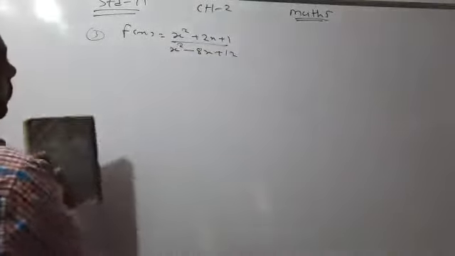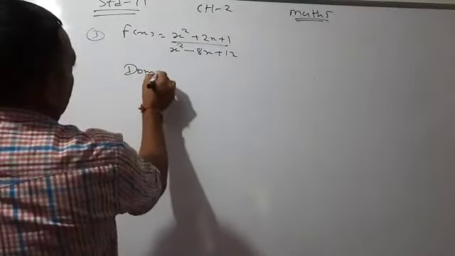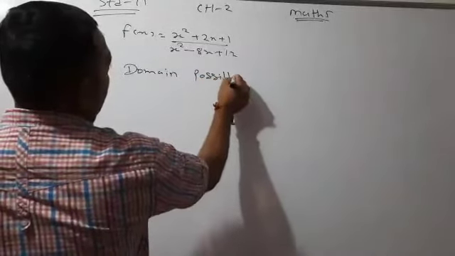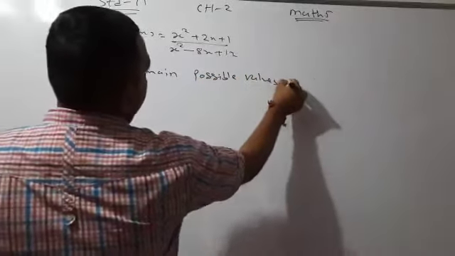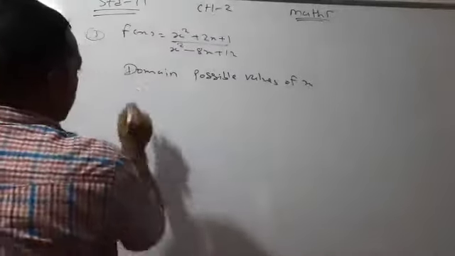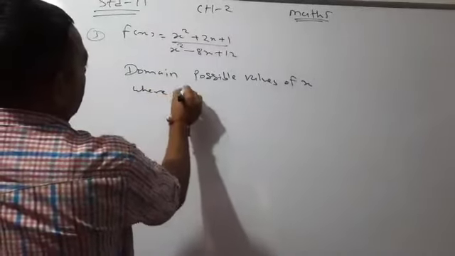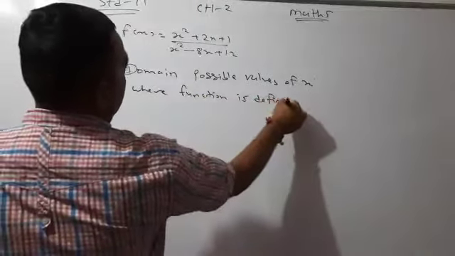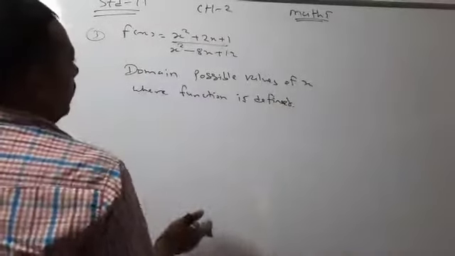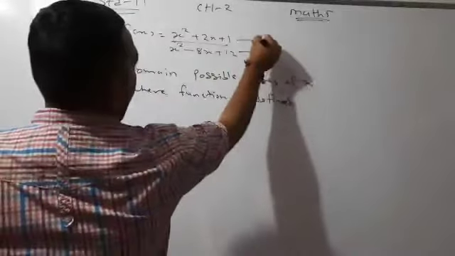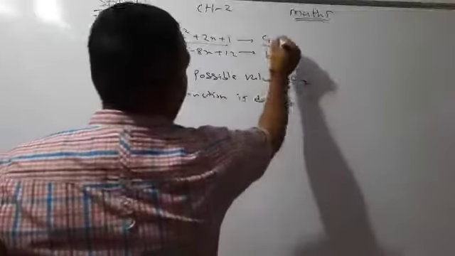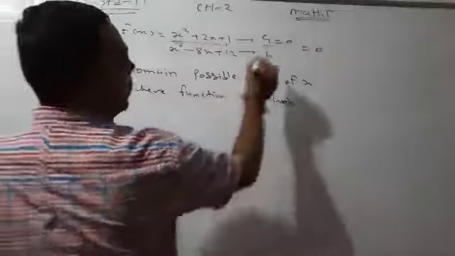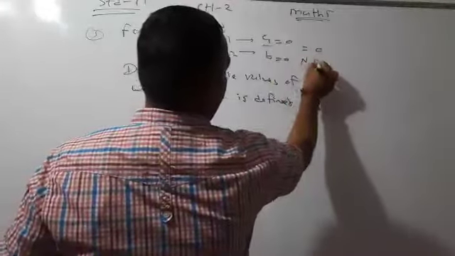As I told you, domain means all possible values of x where the function is defined. Now we know that this is in the form of a by b. If we consider a equal to 0, it's okay, the answer is 0. But if I consider b equal to 0, we can say the function is not defined.